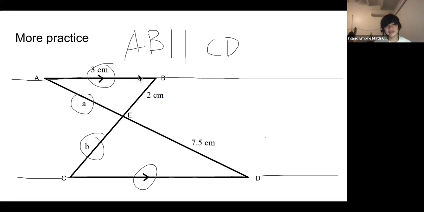So first, let's think about which two triangles are similar and how we can prove that they're similar. Hint: we can extend this line here and extend this line down here, and extend that one up there. It's a quick hint.